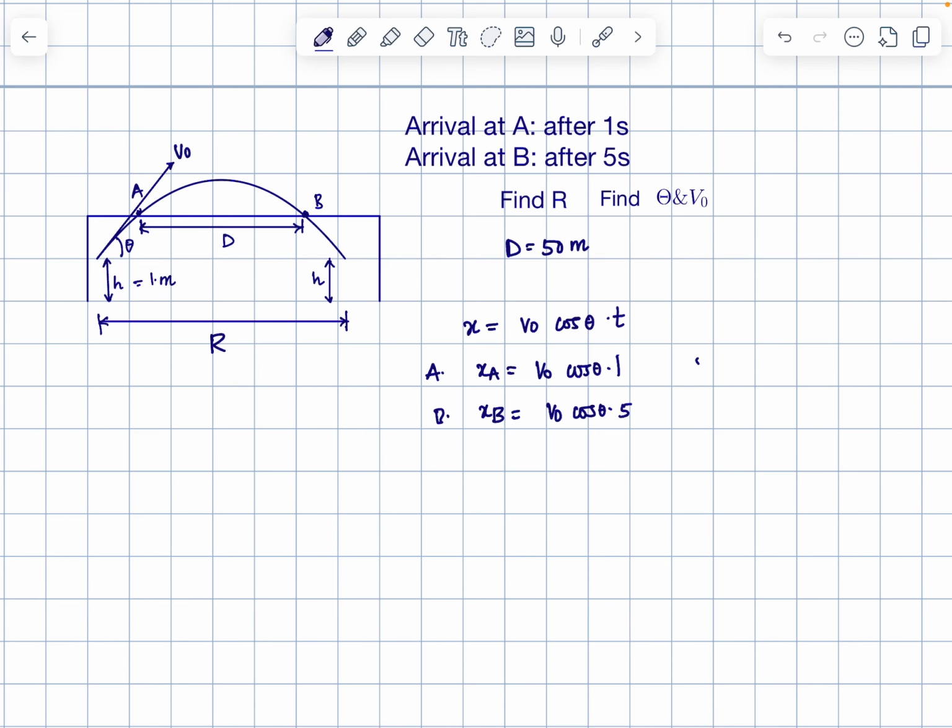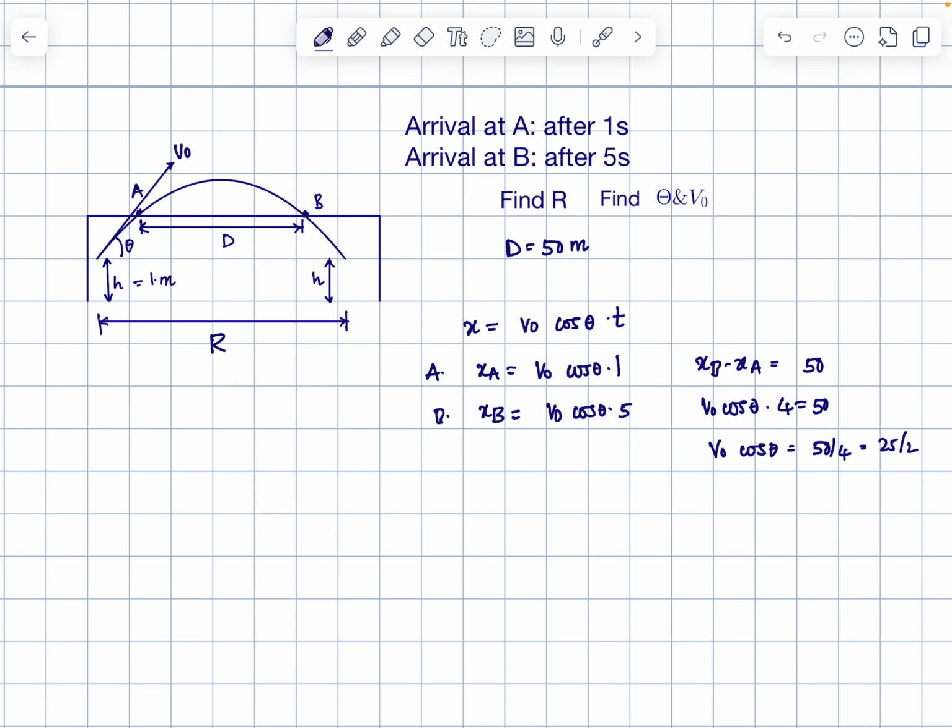So xB minus xA is 50 meters. So v0 cosine theta times 4 equals 50. Therefore v0 cosine theta equals 50 divided by 4, that is 25 divided by 2. That's pretty simple to do.